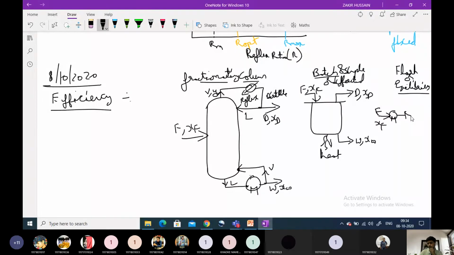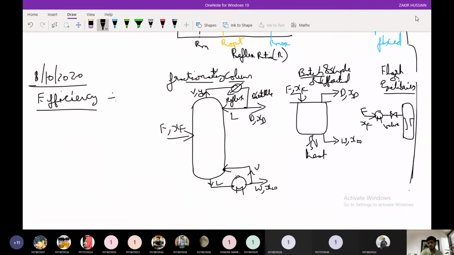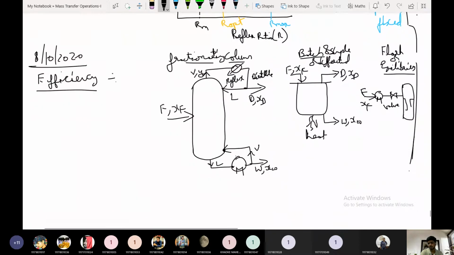Similarly, it has to pass through a pressure reducing valve. After passing through this pressure reducing valve, one column will be there. Inside this column, what will take place? This entire column is counted as one plate, because that's also an equilibrium distillation which can be operated continuously or batch wise.